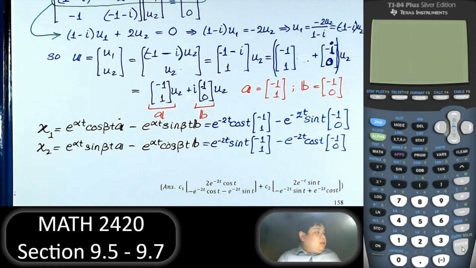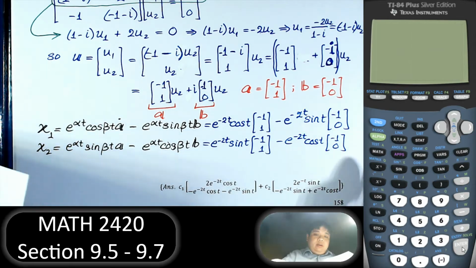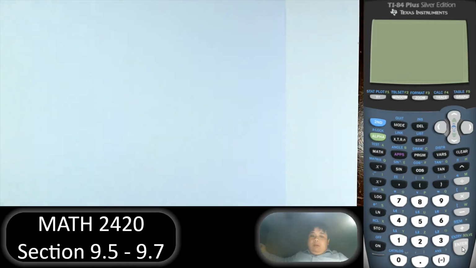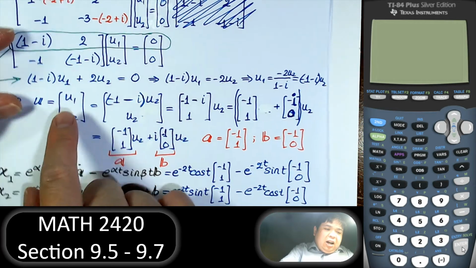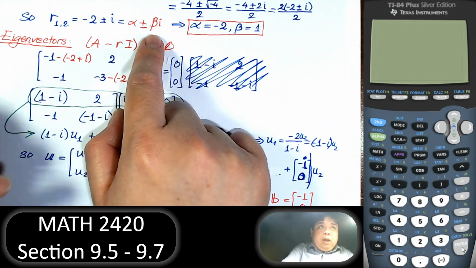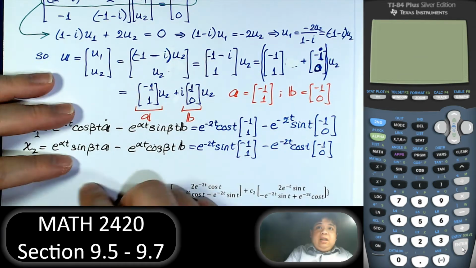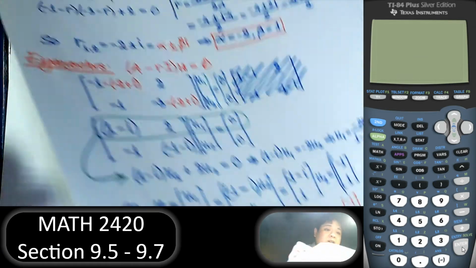So that is the complex solution. Like I said, the eigenvalues are unique, but eigenvectors, because we can choose u2 to be anything, there will be more than one solution.